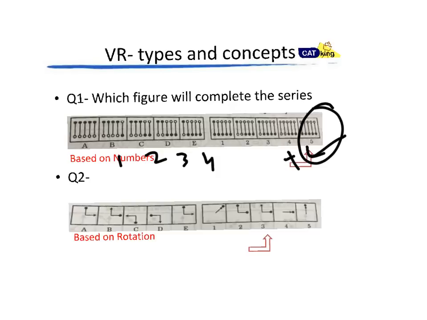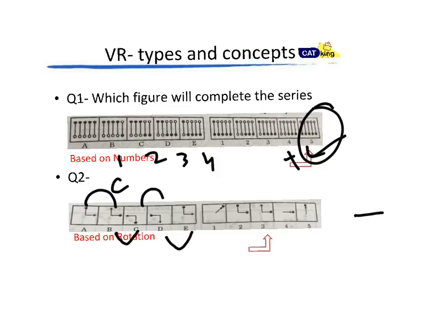Question number 2 is based upon rotation. As we can clearly see, there are two types of figures involved, a circle and an arrow. Taking the circle into consideration first, the circle gets rotated by 90 degrees in the clockwise direction, again 90 degrees clockwise, and again 90 degrees clockwise, and 90 degrees clockwise again.